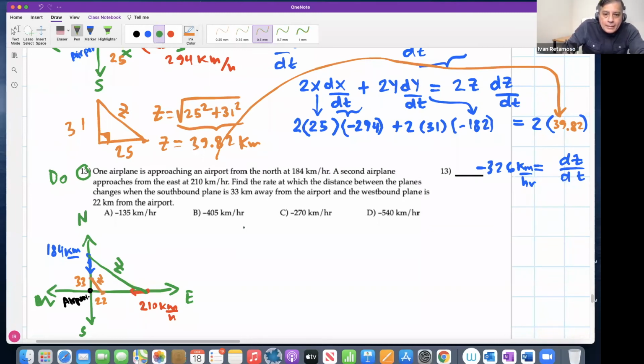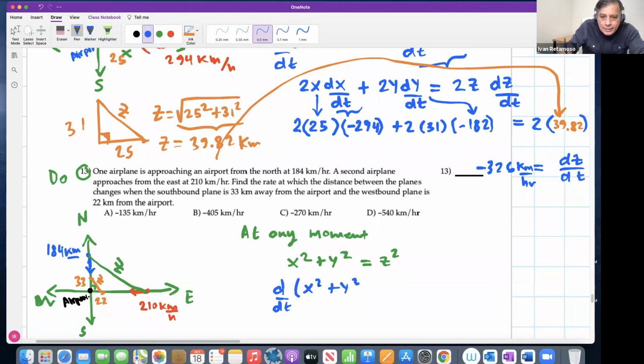And again, at any moment, the theorem of Pythagoras will help us here, because given that this angle is 90 degrees, always x squared plus y squared will be equal to z squared, right? Taking derivatives of both sides of this equation with respect to time, we take derivative with respect to time always for related rates, right?